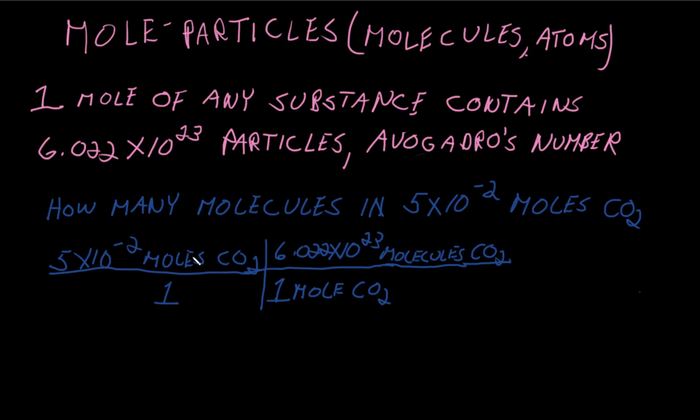So we can go ahead and multiply the numerators and divide by the denominators, which is pretty easy because these are all 1. And so our answer is going to end up to be 3.01 times 10 to the 22nd molecules of CO2, or carbon dioxide. So we do the math, and that's how many molecules we get.